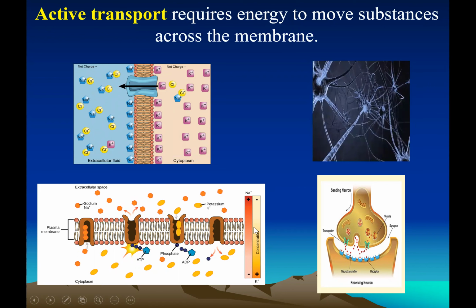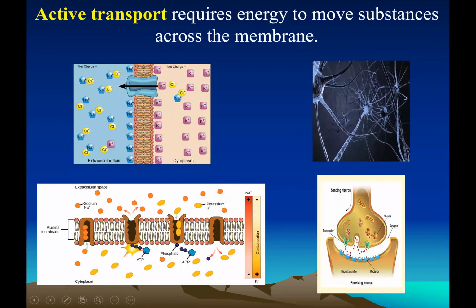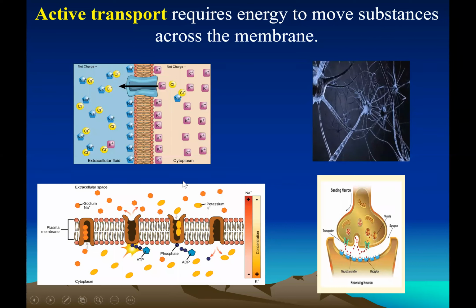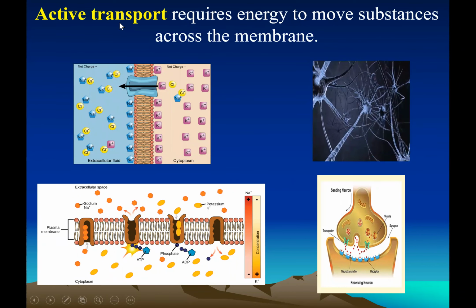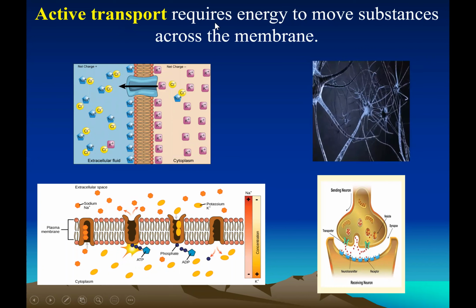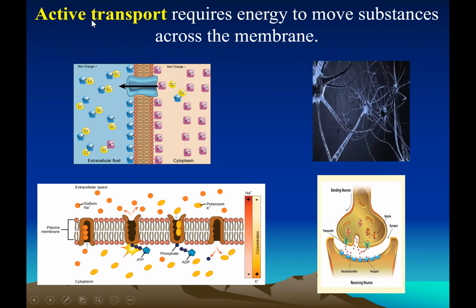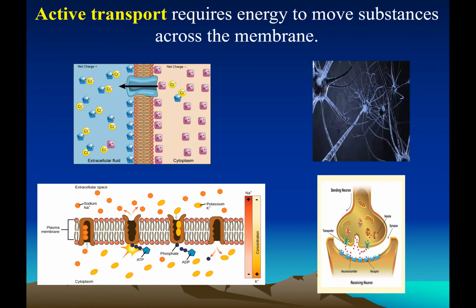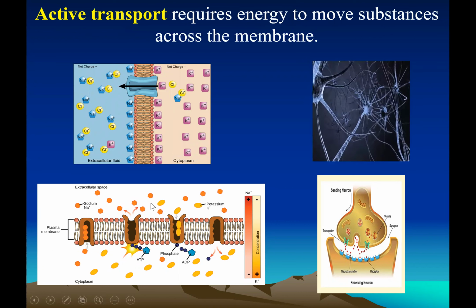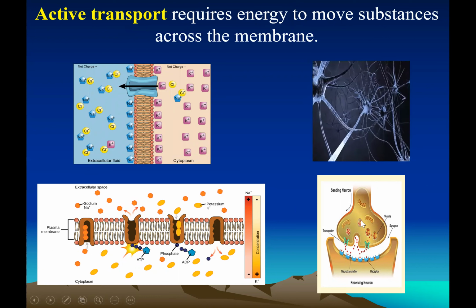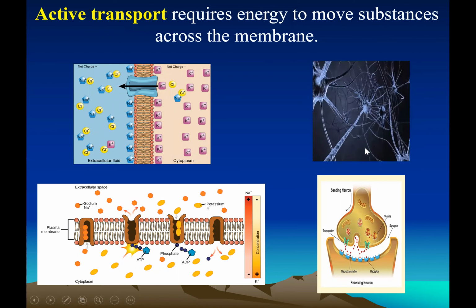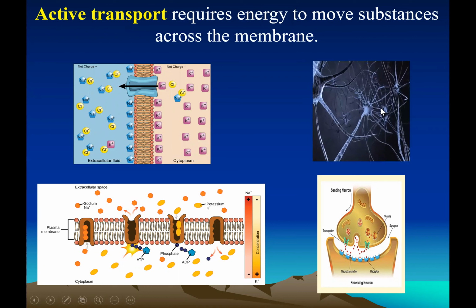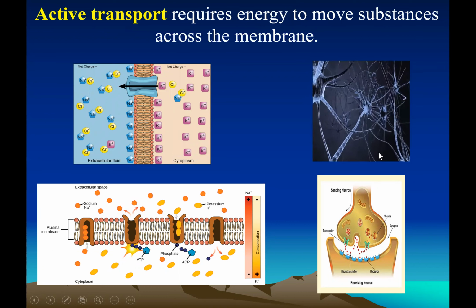I know this is a little sophisticated for you to understand now, but know that ATP is required for active transport. Here we are moving molecules against the gradient, not along the gradient. And then this will trigger neurotransmission and so forth. I want you all to see this picture because I'm going to ask you a question later.